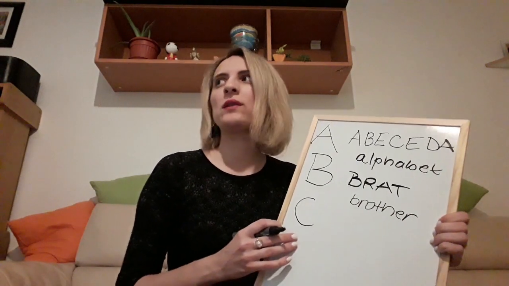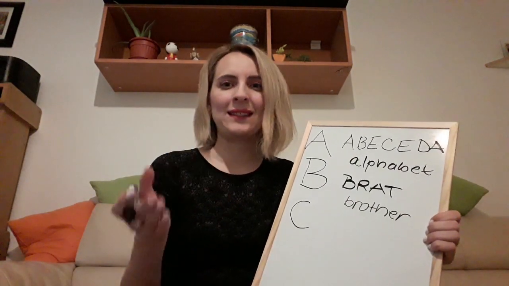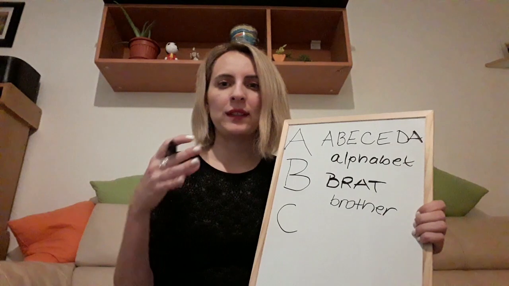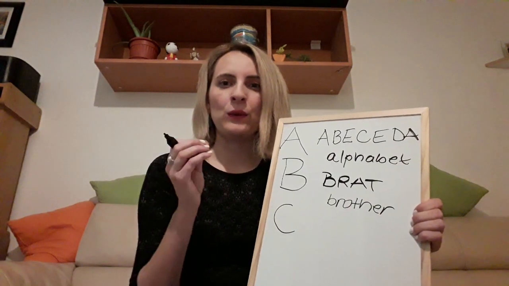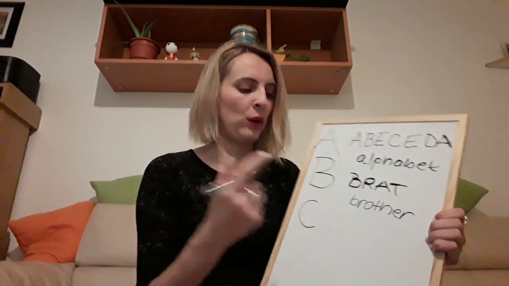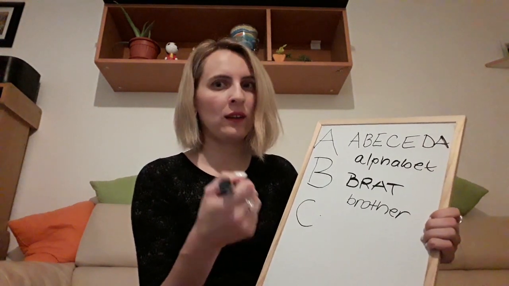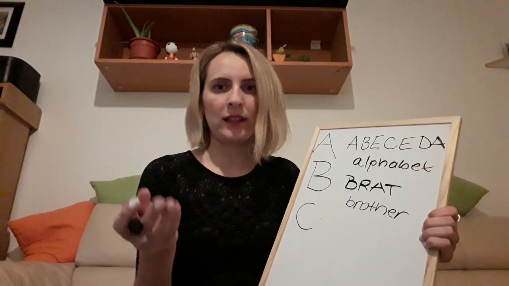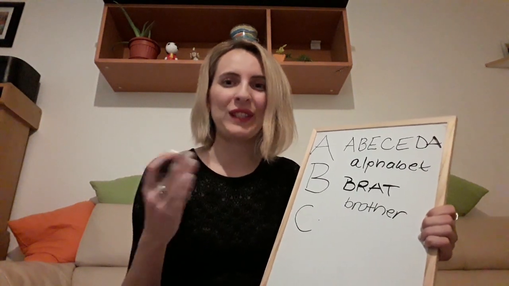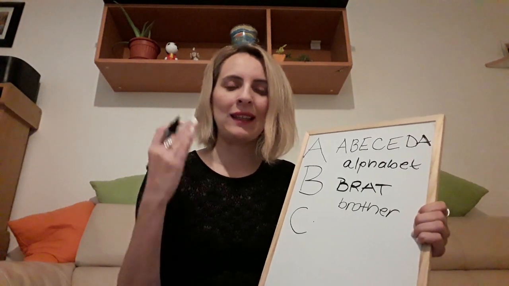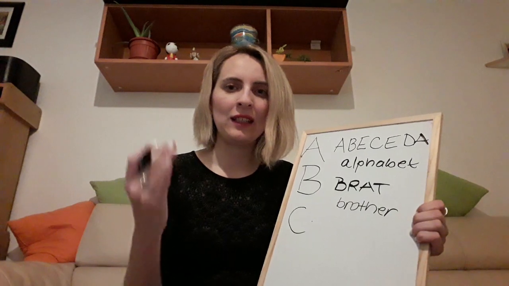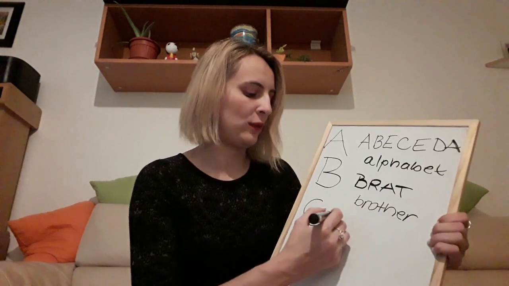Then we have C. It is pronounced like, for example, in the word cats, c. So C in Interslavic language, carstvo. For example, carstvo, c. Like in cats, it is also c, carstvo.